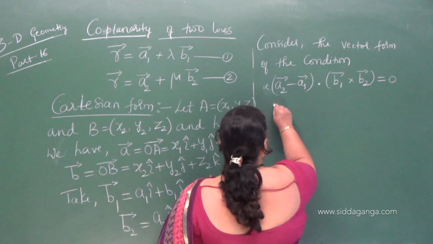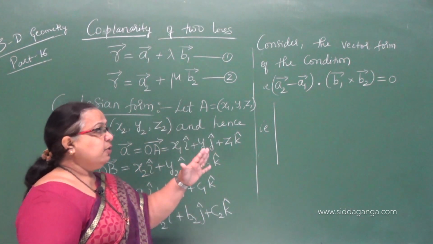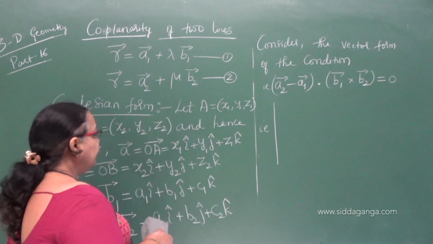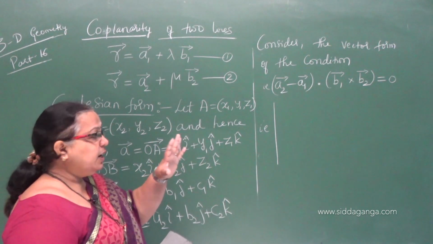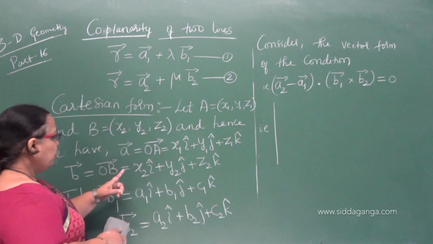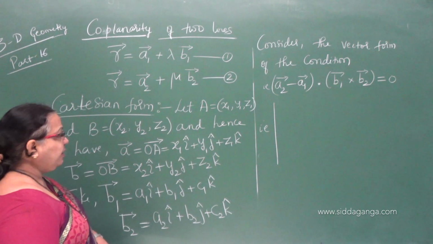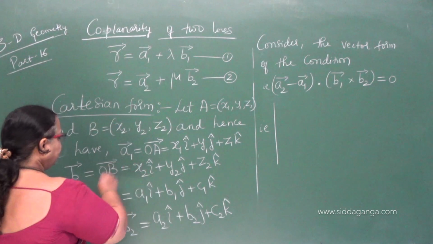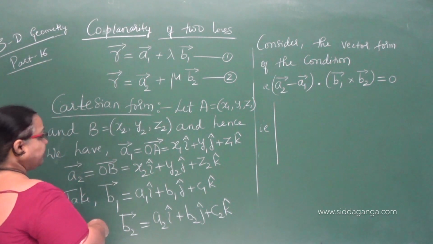So here we have to expand the 3 cross 3 determinant. Now the components of a2 minus a1 vector must be entered in the first row. So here is the a2 vector and the b2 vector. So position vector of A is taken as A1. So position vector of the point B is taken as A2.